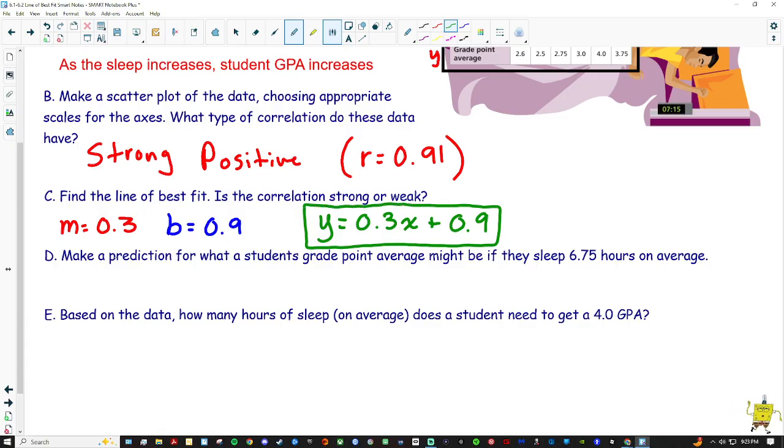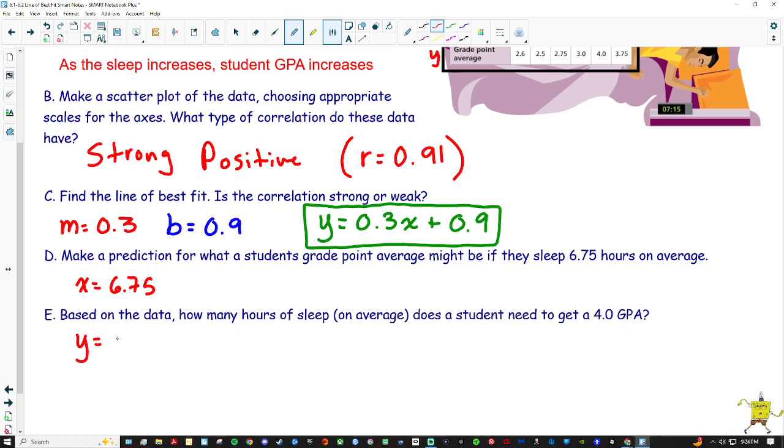So we have two things to do. We need to make a prediction for what a student's grade point average might be if they sleep 6.75 hours. Hours is an x value, so I'm going to have to type in x equals 6.75 into Desmos. For E, it's asking me how many hours I need to sleep, and they're telling me the GPA. So that's a y value.